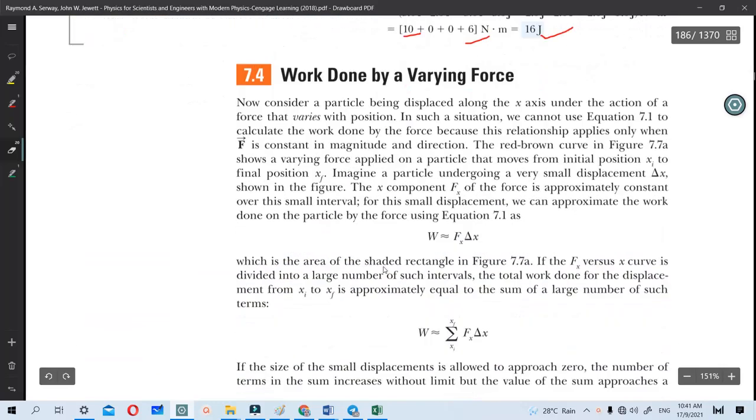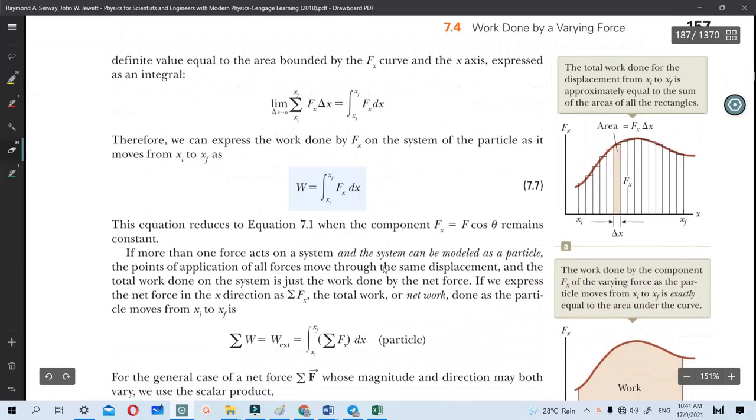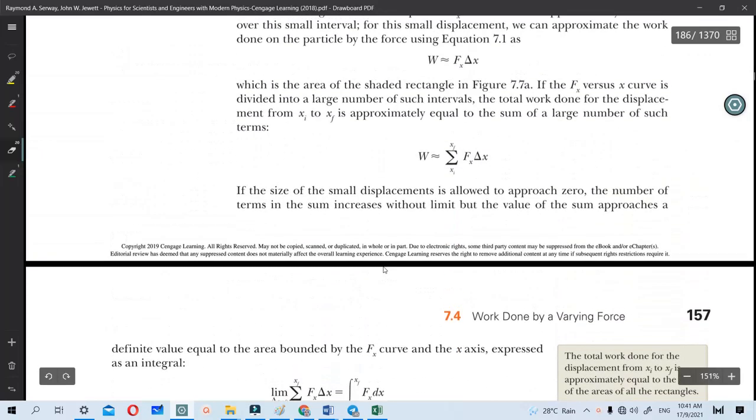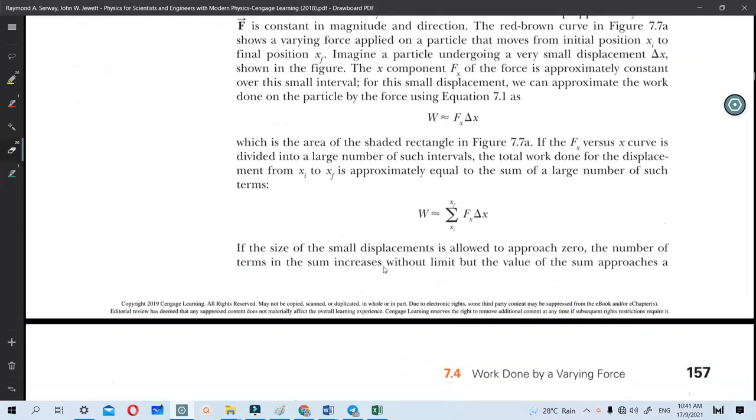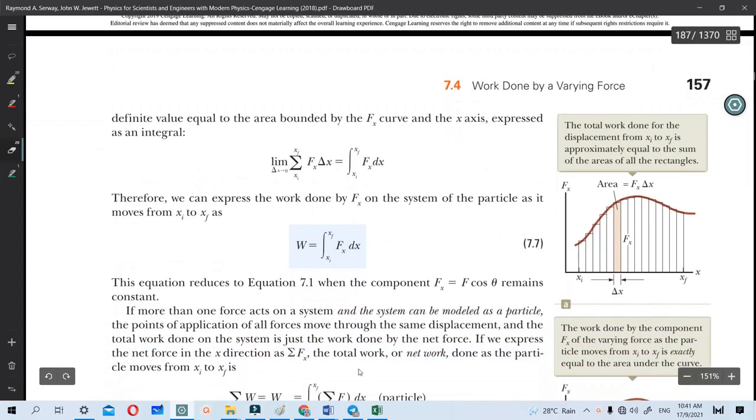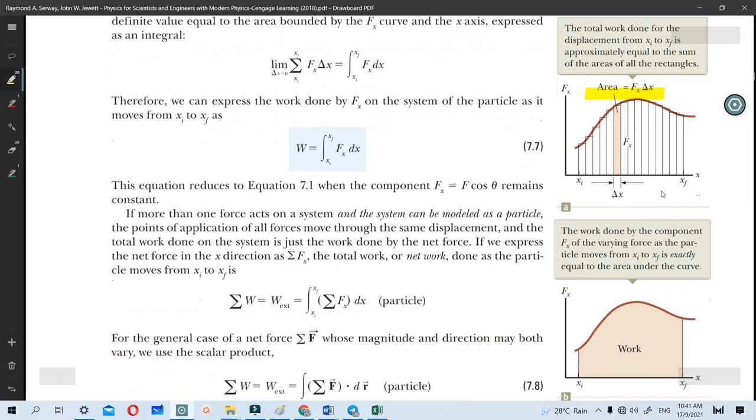Therefore, what we need to opt for is the graph method. We saw earlier in the concept of differentiation and integration, if we integrate F with respect to dx, we are going to get the area under the curve of the graph F versus x, right? And the area is equivalent to the amount of work.